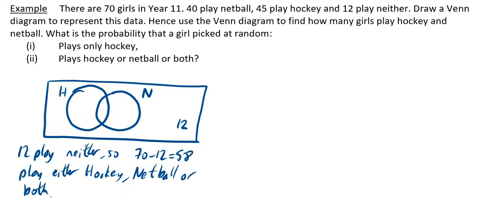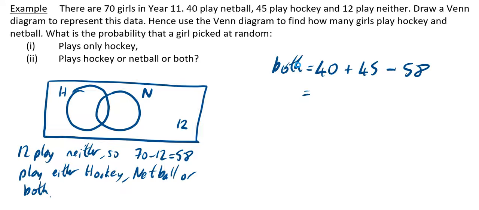We now need to figure out a way of working out how these things are proportional. We're going to think how we work out the wee bit in the middle, which is both. So we know 40 people play netball, 45 people play hockey, but the amount who actually play anything is 58.